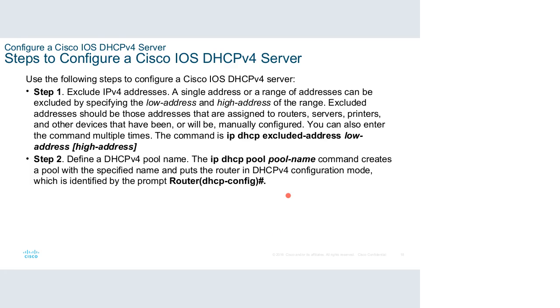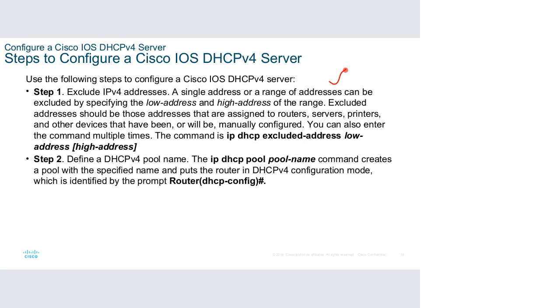So our steps in this configuration: specify the pool. Your pool should come from the IP addresses that you've subnetted, or from your primary IP address. And within your network, you need to exclude from your pool IP addresses that are manually configured, meaning IP addresses that are given to services that should never be out of the network.